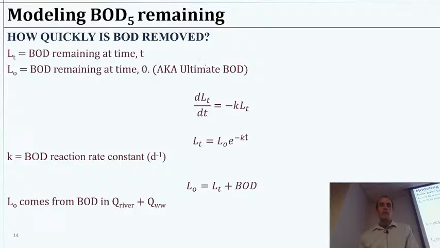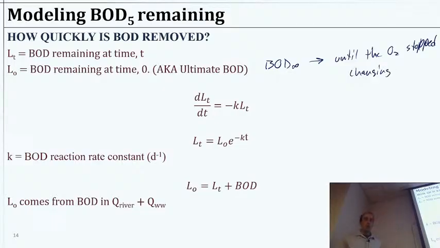So this would be if we measured until it just stopped changing at all, that would be that measurement, right? So the amount of BOD if we measured until the oxygen stopped changing. So you'll see some problems that are described that way.